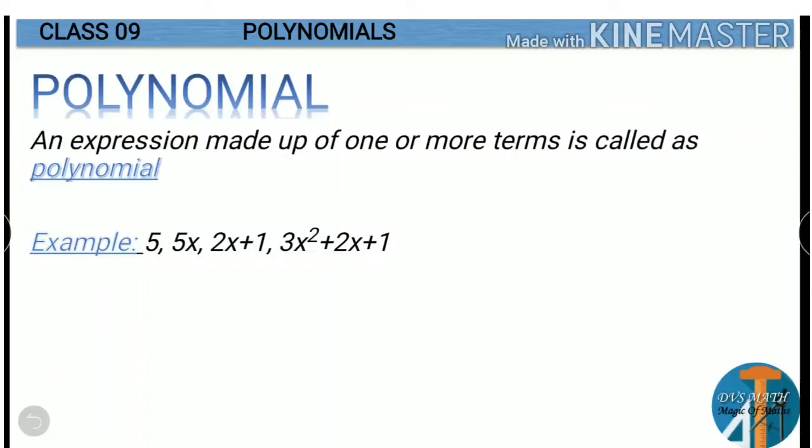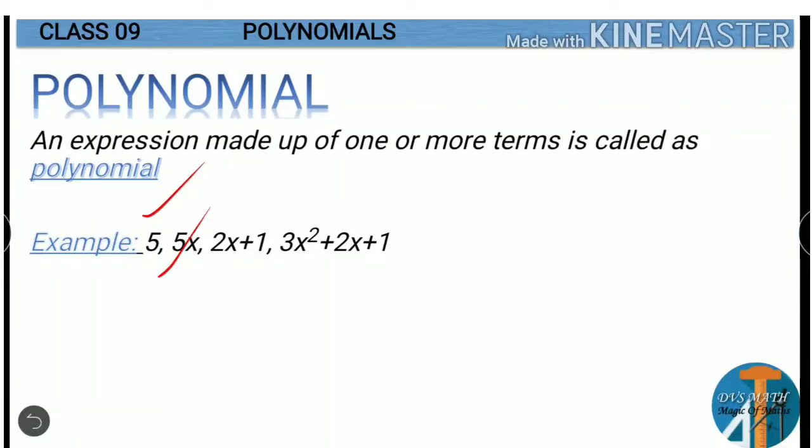Or 3 terms, a trinomial or polynomial. If it is at least 1 or more than that, together we call it a polynomial. So children, today we are going to study polynomials in detail. Now if we come to the example, observe we have 5, single, so it can be a monomial or polynomial.